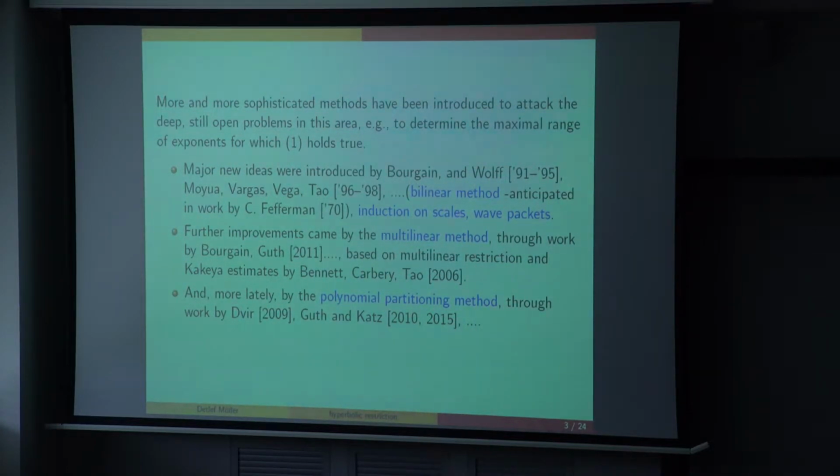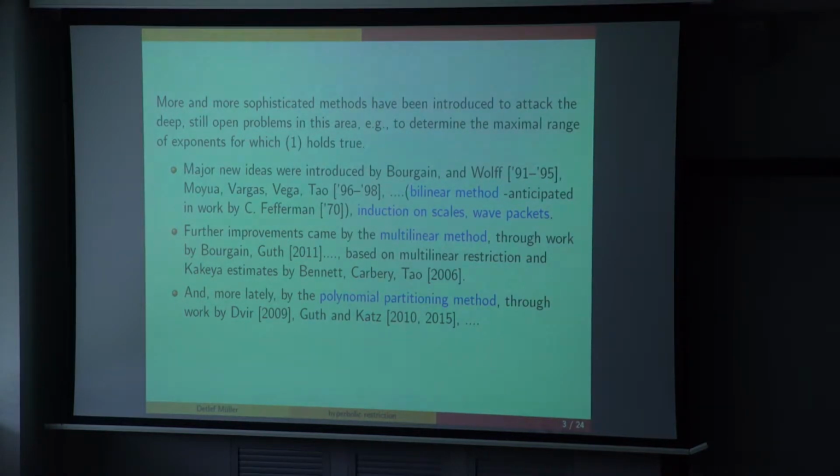Then further improvement came through the method initiated by work by Bennett, Carbery, and Tao on multilinear restriction and Kakeya estimates, and then was applied in work by Bourgain, Guth, and many others ever since. More lately, the so-called polynomial partitioning method became very relevant and has turned out to be a very powerful new tool. The names to be mentioned are Dvir, who did finite field Kakeya, and then Guth and Katz, and many more. But I don't want to really go into that.